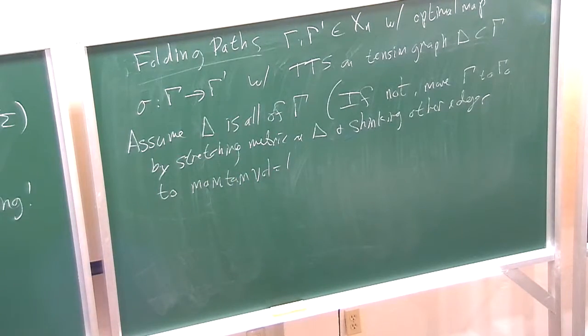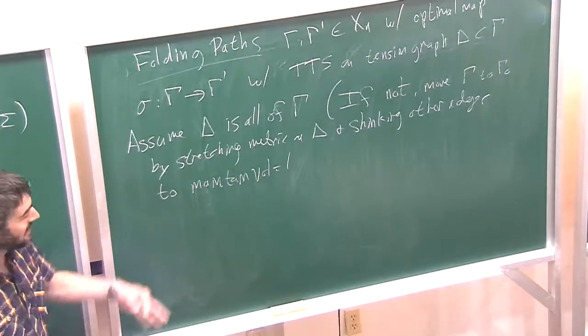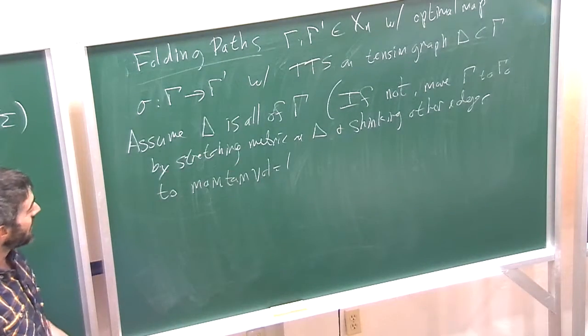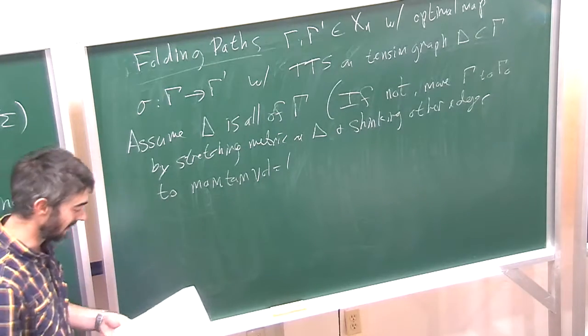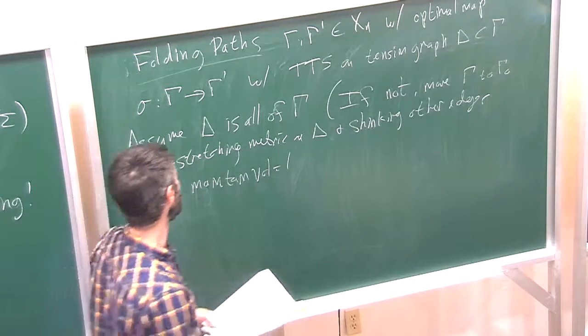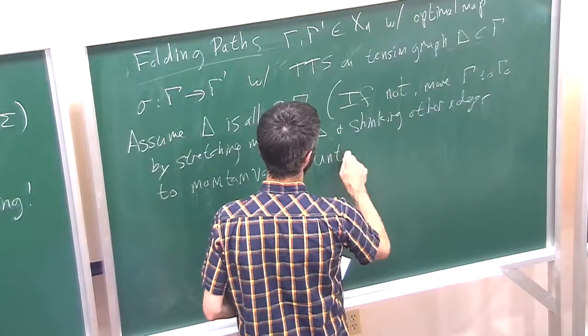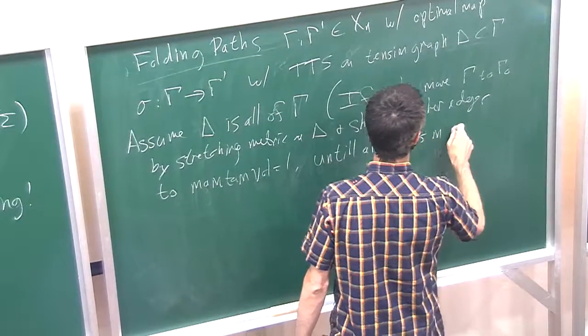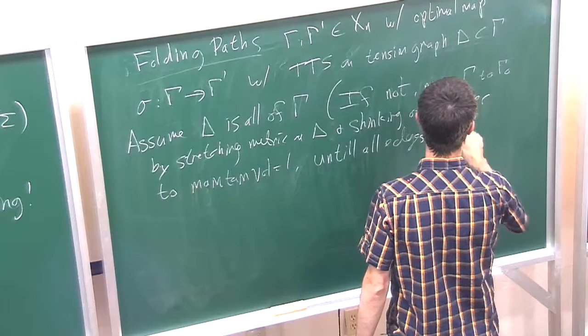Okay? And as I do that, the Lipschitz constant goes down. So I'm kind of moving closer. And then eventually I can arrange for everything to be in the tension graph. So I do that until all edges are in the tension graph.